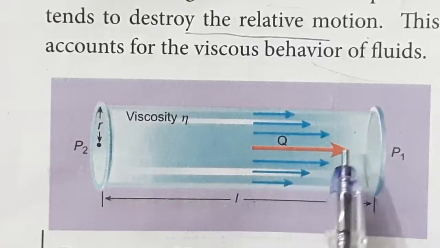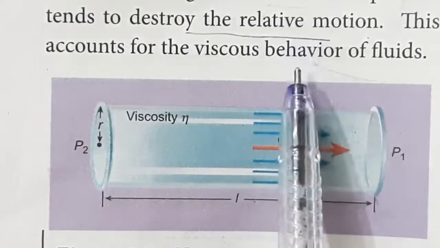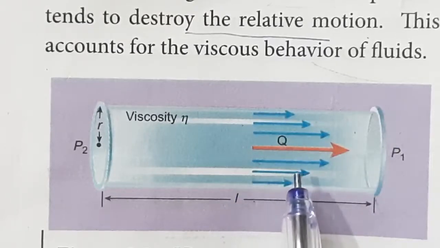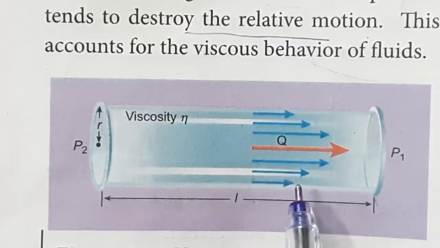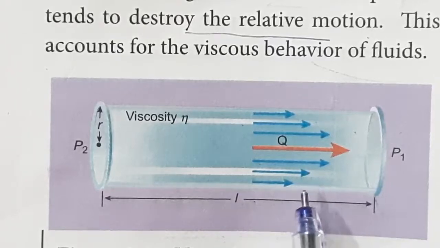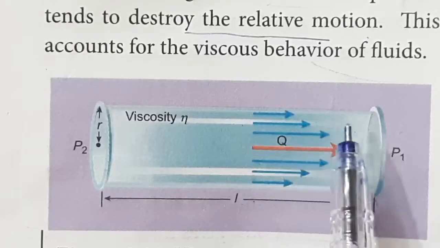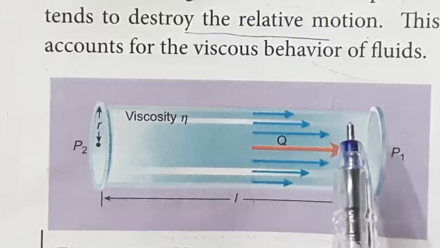So a backward force is set up, which tends to destroy the relative motion. That accounts for the viscous behavior of fluids. So when there is a relative motion between the different layers, a viscous force occurs. Understand?